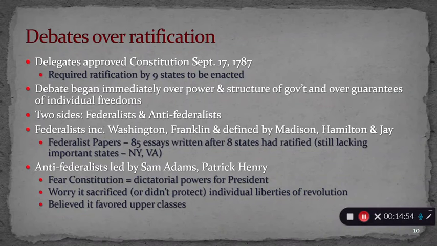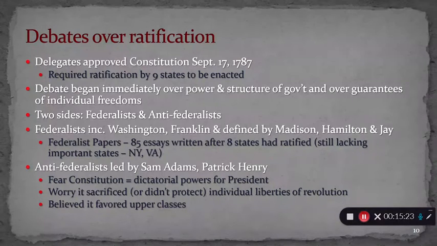Technically speaking, 9 states have to ratify it, but everybody recognizes that ultimately it needs to be unanimous, right? You can't really have a country with 9 states, but other states not being part of that government. And so the debate begins pretty quickly over whether or not each state is going to ratify.